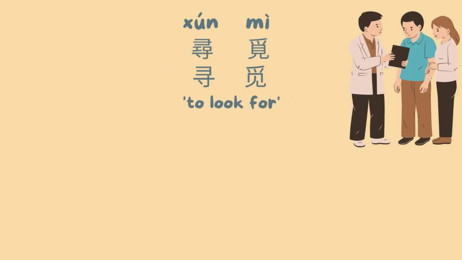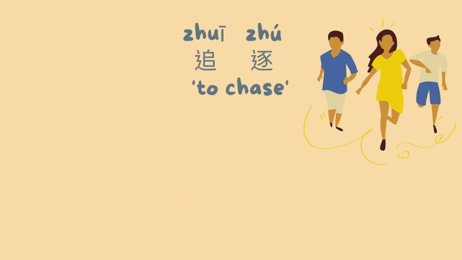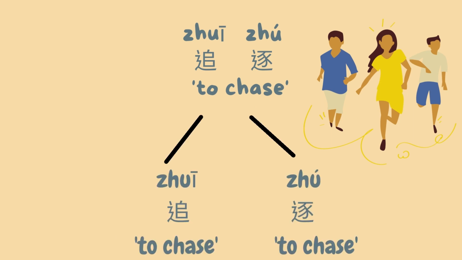The next one is 寻觅, to look for. Both the constituent characters 寻, to look for, and 觅, to look for, are synonymous with one another and with the word they form. 寻觅, to look for. The next one is 追逐, to chase.